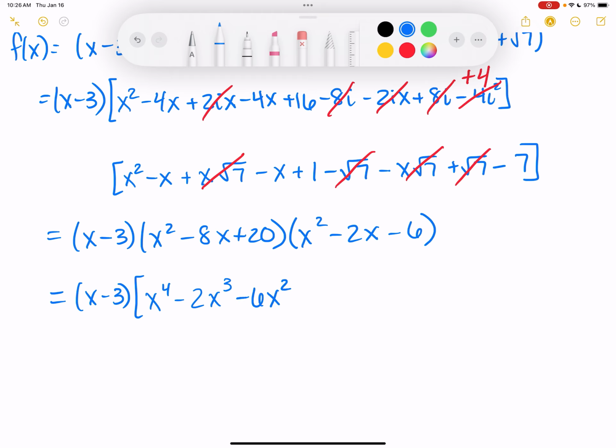Then I've got the negative 8x times everything: negative 8x cubed plus 16x squared plus, oh gosh, that's 48, right? 48x. I don't know why 8 times 6 always throws me for a loop. 8 times 6 is 48. And then 20 times everything, so I've got plus 20x squared minus 40x. And then minus, what was that, 120?